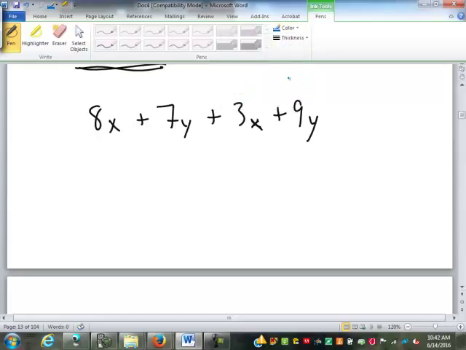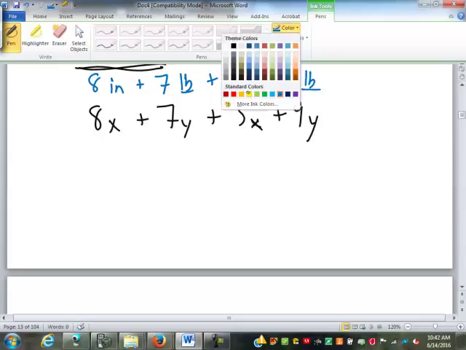Here, there are different names, there's different variables, but there are some that can be combined. We can combine the things that do have the same name. You can actually think of this as being the same as having like 8 inches and 7 pounds and 3 more inches and 9 more pounds. What could we combine there?